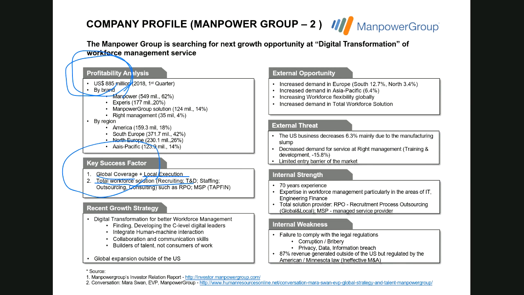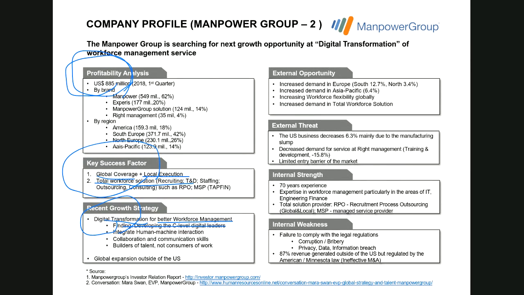And what is their recent growth strategy? They usually exercise the recent growth strategy, for example, digital transformation, Industry 4.0, Manufacturing 2025 for better workforce management. They are finding and developing C-level digital leaders for many companies.